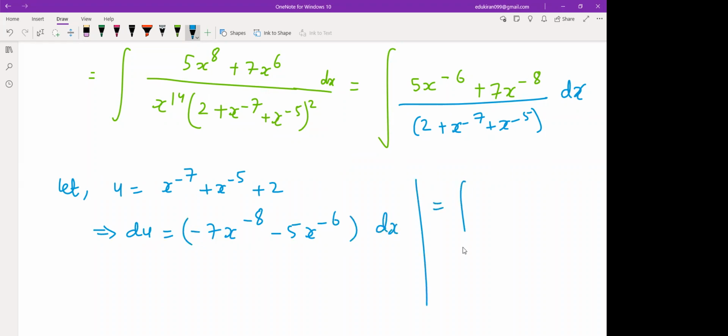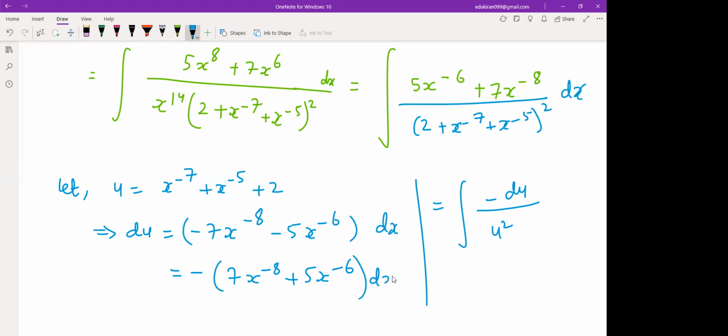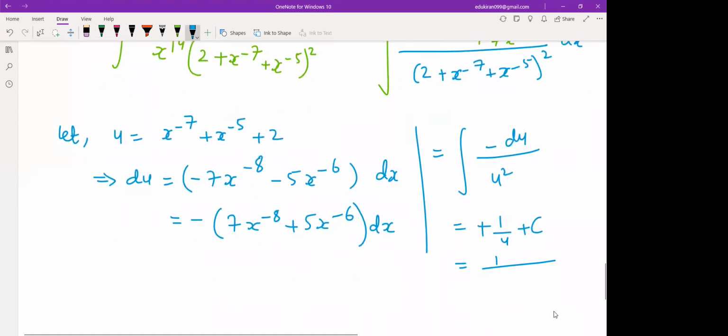So this was a square, so this would become u square, and the numerator will become minus d, because you can take this minus sign outside, 7x to the power minus 8 plus 5x to the power minus 6 dx. So this will be minus 1 by u square. So it will be 1 by u plus constant of integration. So 1 by u is x to the power minus 7 plus x to the power minus 5 plus 2, plus constant of integration.